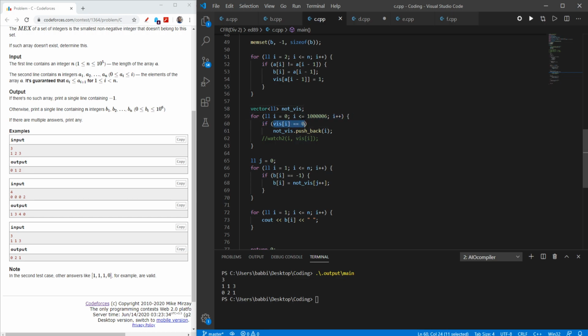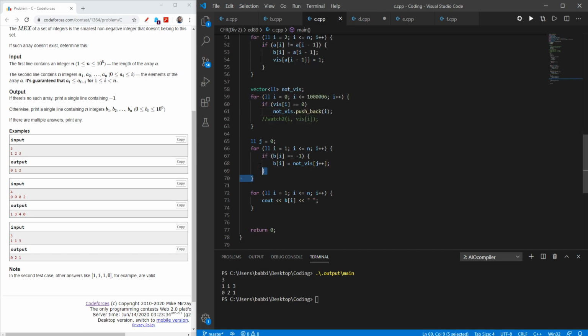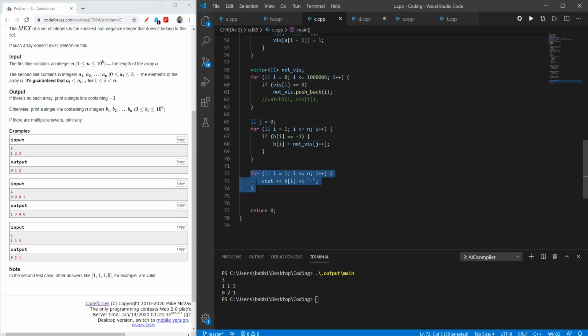If it is not visited, then I will do notVisited.push_back of i. Then I will take the values which are still -1, meaning the values which were not filled in B, I will fill them with the notVisited values, and thus I will finally print my answer.